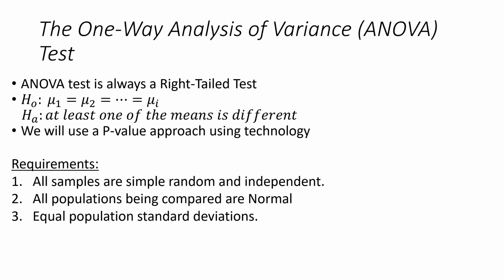Okay, so when you're doing practice on your homework system, these are the requirements that you need to mark for in order to apply the one-way ANOVA test. And in the next video, I'm gonna actually go over how to solve the problem presented above.